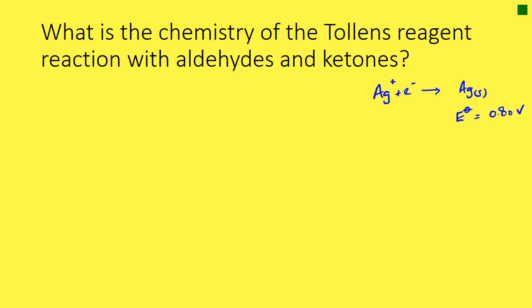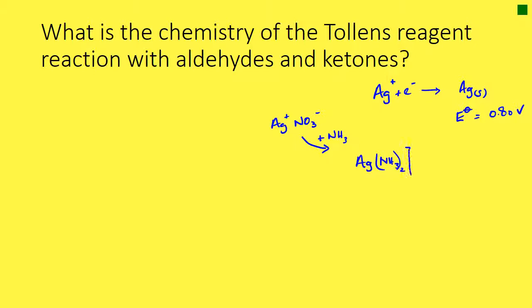And we prepare our Tollens reagent by starting off with some silver nitrate. So we've got silver nitrate, aqueous, so we've got silver ions, 1+ ions, and nitrate 1- ions, all in solution. And what we do is we add just enough ammonia solution to make a complex with the silver ions. So you get a silver ion in a complex with 2 ammonia molecules, like that.